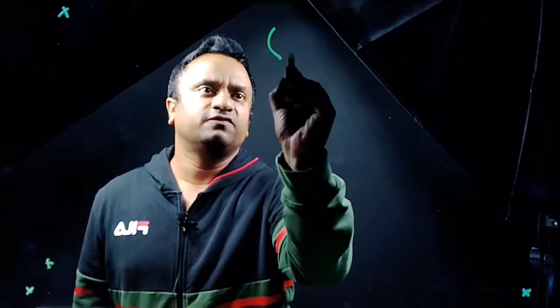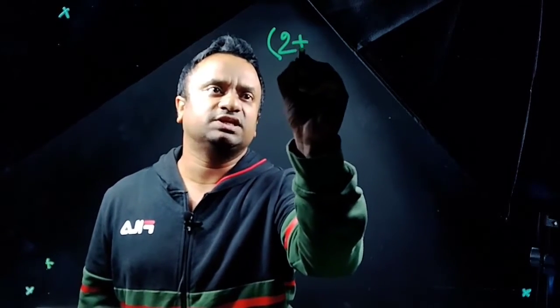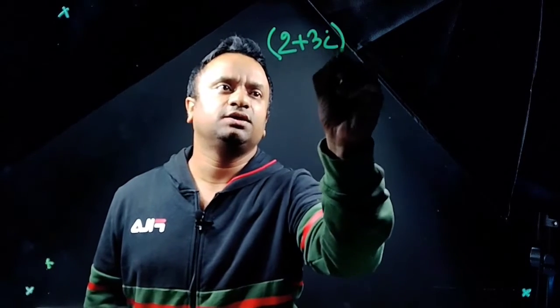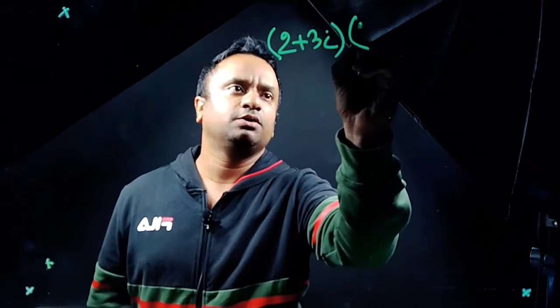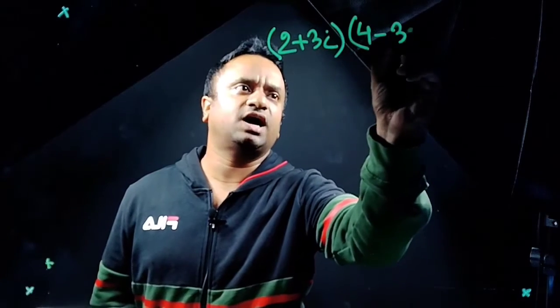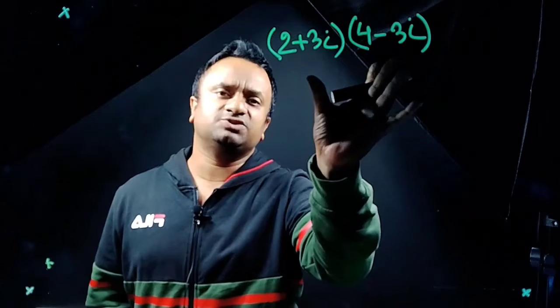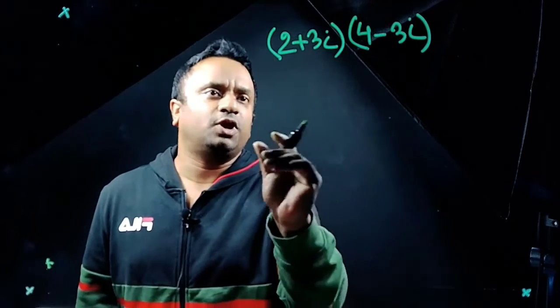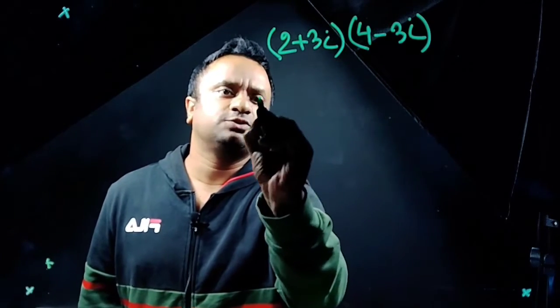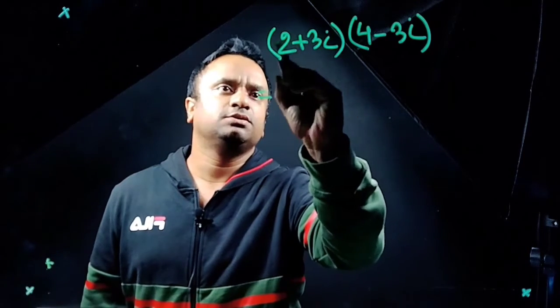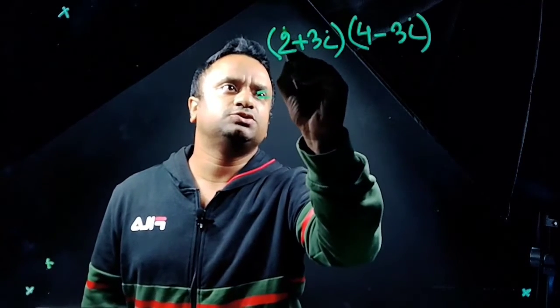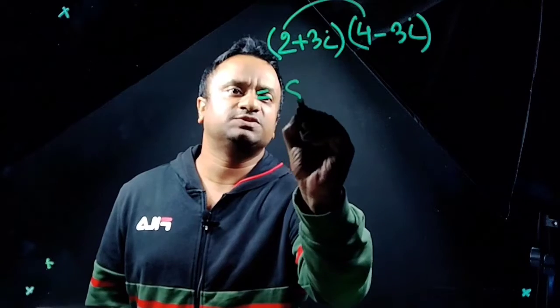Now we are going to discuss the multiplication of complex numbers. So let's take an example. We have two complex numbers, that is 2 plus 3i multiplied by 4 minus 3i. So the multiplication procedure is pretty similar to what we do in algebra. First we need to multiply 2 by 4, that becomes 8.